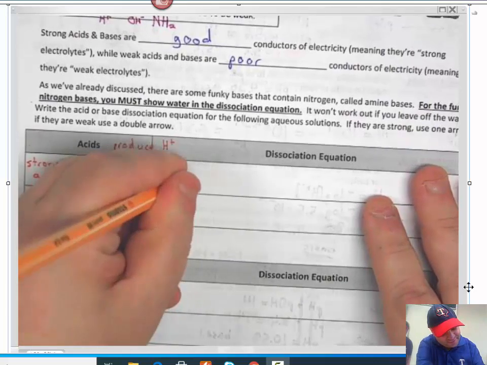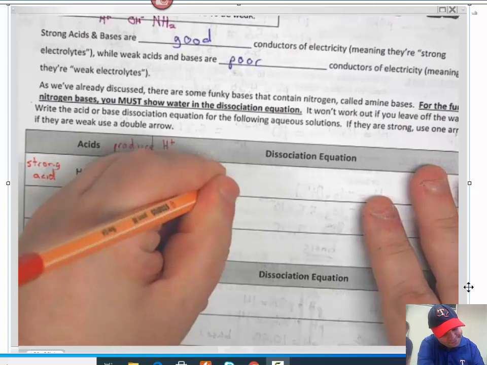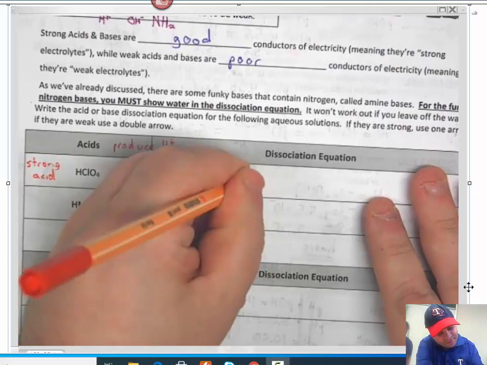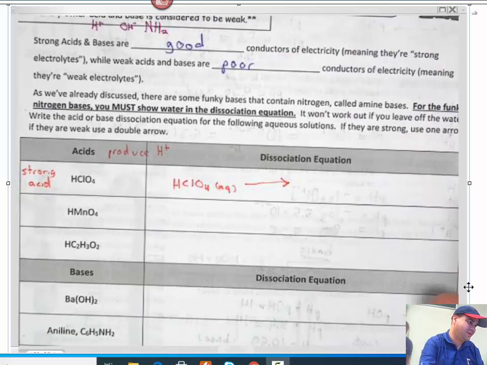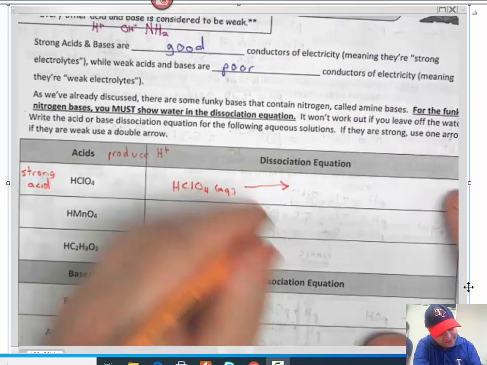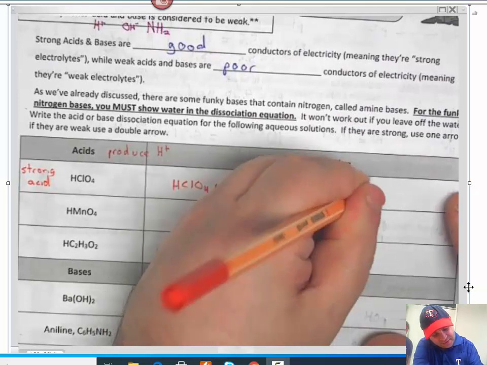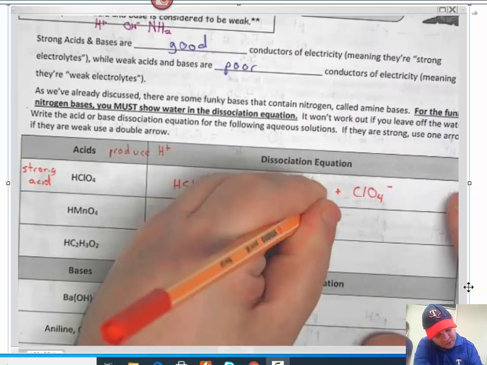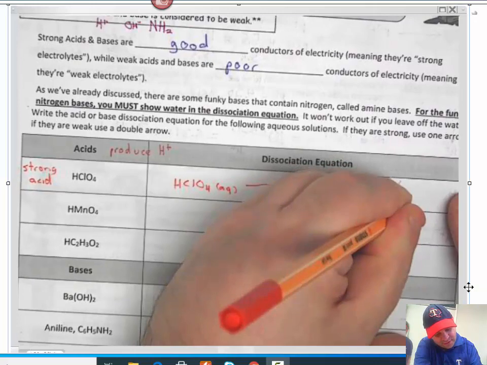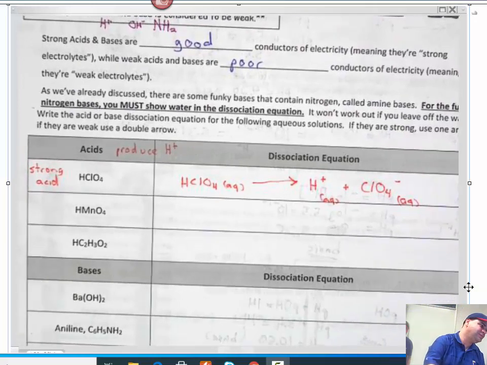So HClO4 aqueous is going to dissociate. We're going to use a one-way arrow for this one because it's a strong acid. It is going to dissociate into H plus and ClO4 minus, both of which are aqueous because all ions are aqueous.